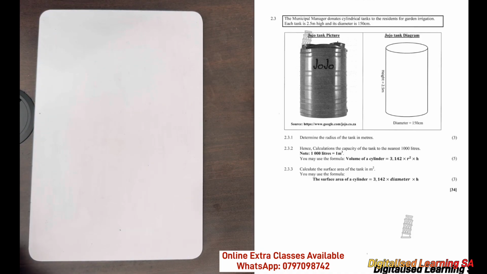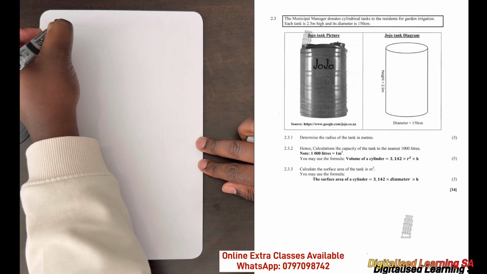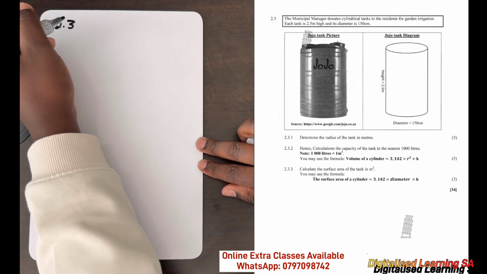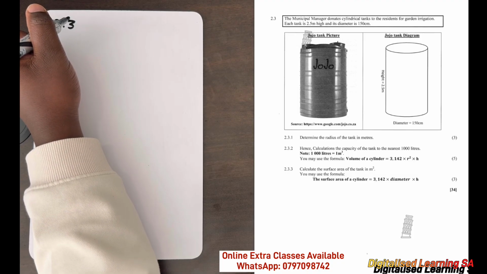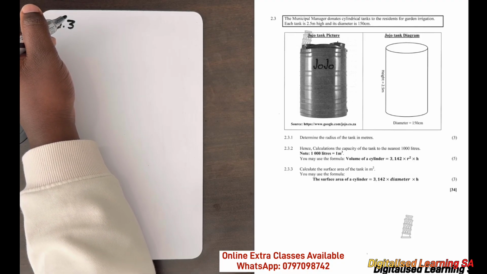So now we are moving to question 2.3. We are told that the municipal manager donates cylindrical tanks to the residents for garden irrigation.